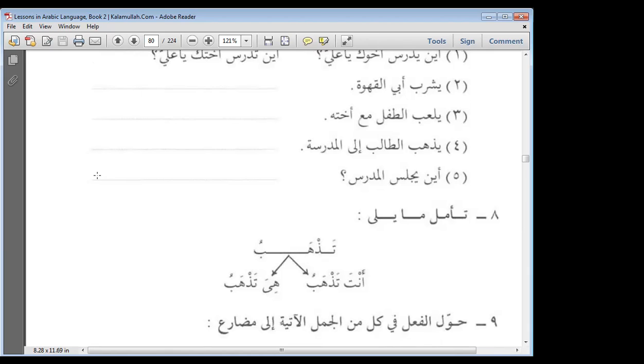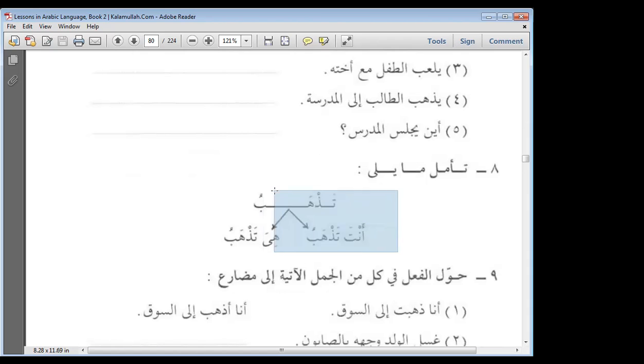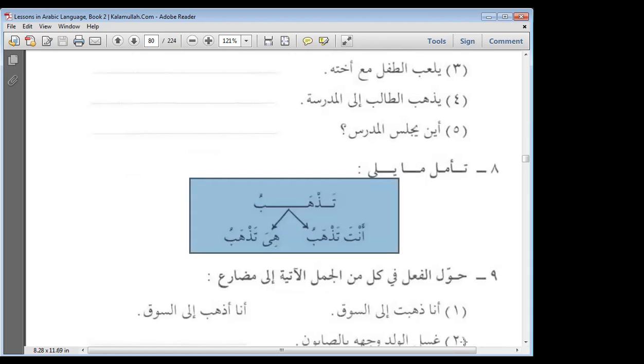Of course, the one we have to pay extra attention to is the second person masculine and the third person feminine, which is the same form of the verb, but based on the context, we will be able to tell the difference. Okay, so we have this here highlighted for us so that we can remember that, right? Anta tadhabu, hiya tadhabu. Okay? So anta means you, masculine, singular.